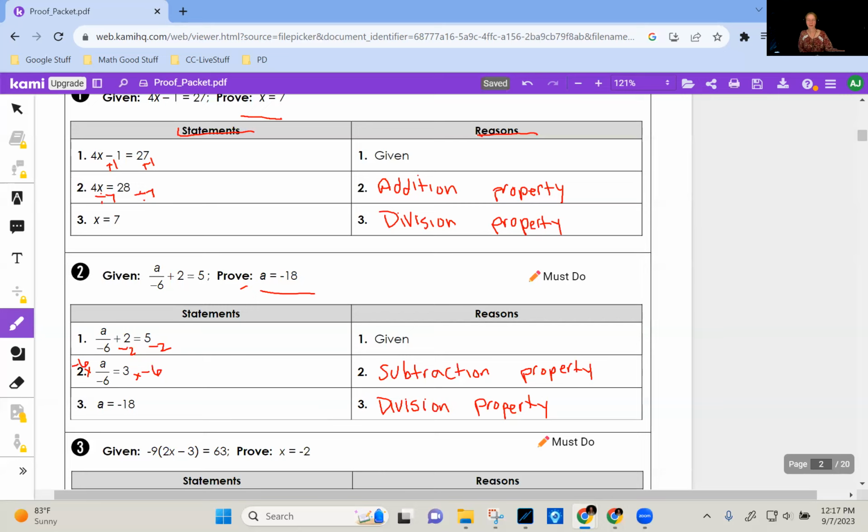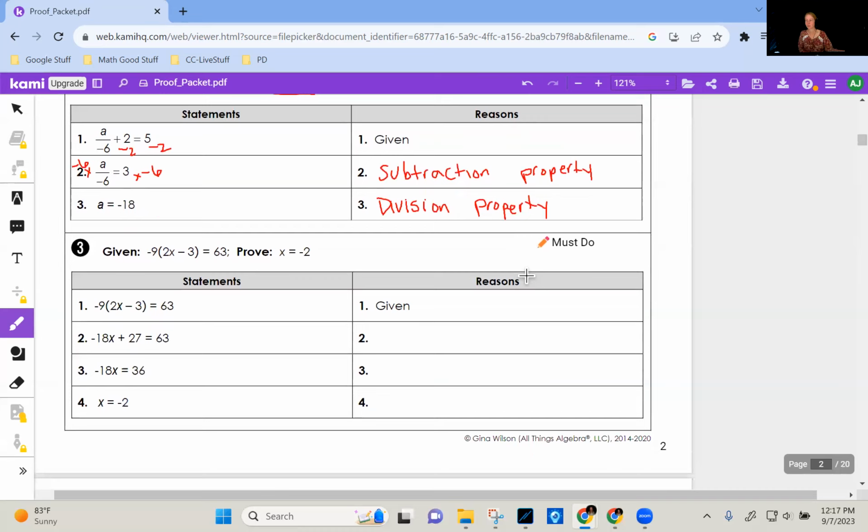Now I think I'm going to do one more, and then I'm going to let you guys free to try some practice ones. So here we go. This one is what we're trying to solve, and we have prove that x equals -2. So this statement is going to be my given because that's what they gave me. And what did I do to get from this step to this step?